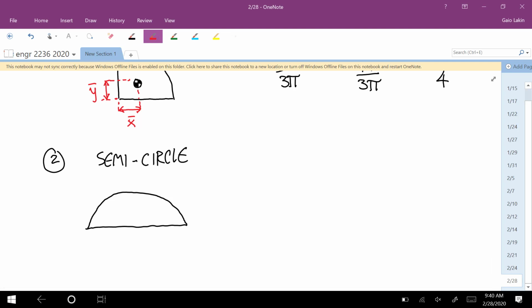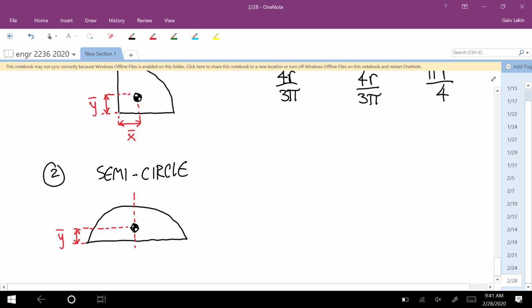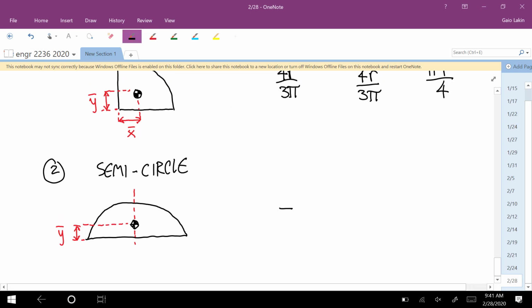Okay, so first of all, the centroid is here. Notice first that it has to lie on this line of symmetry. So we don't really need to have a formula for x bar. We know it's going to be in the middle. The only question is the y bar.